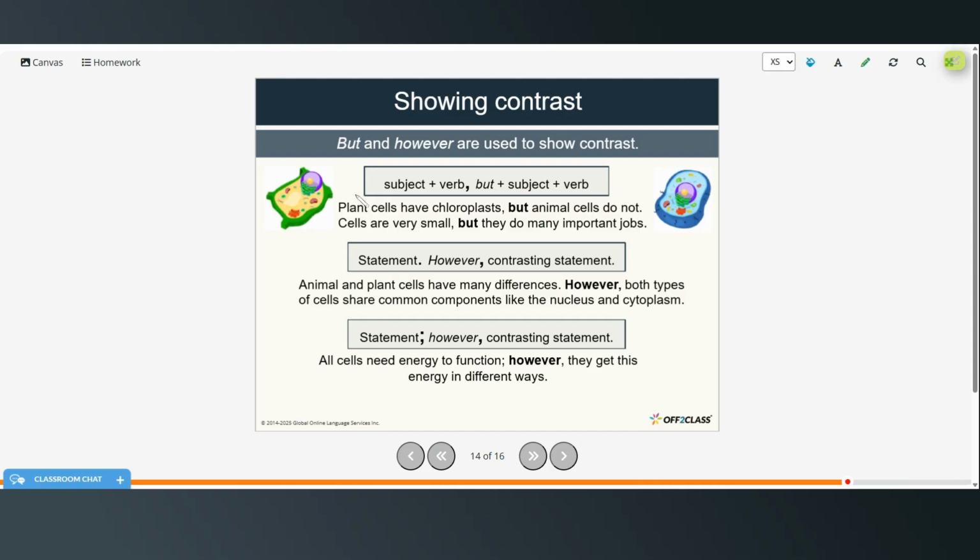So to label these, plant cells is the subject, have is the verb, we have our comma, and then the word but, and then animal cells, and do not is the verb. Cells, subject, are, verb, we have the comma, and then but, and then we have the subject they, and the verb do.